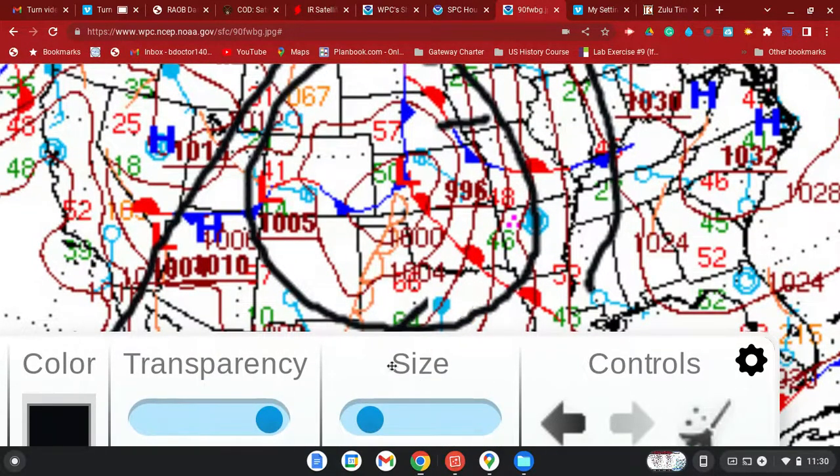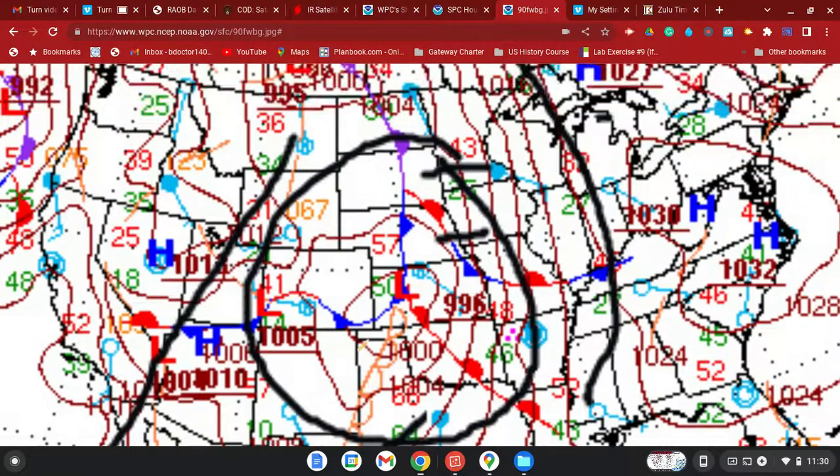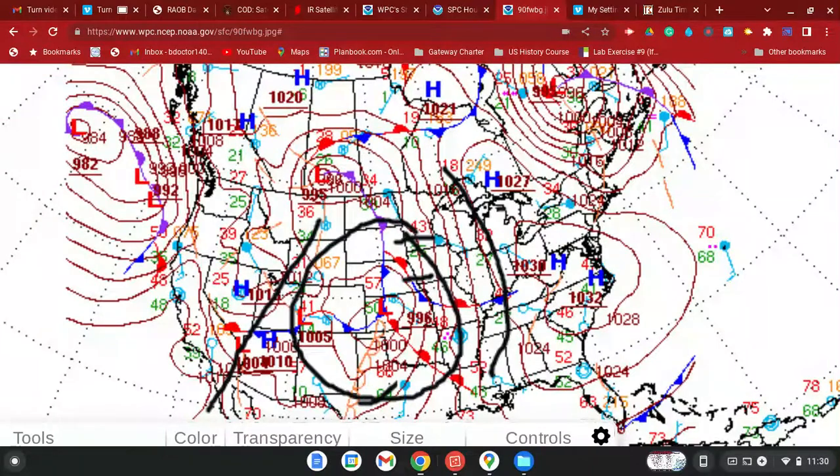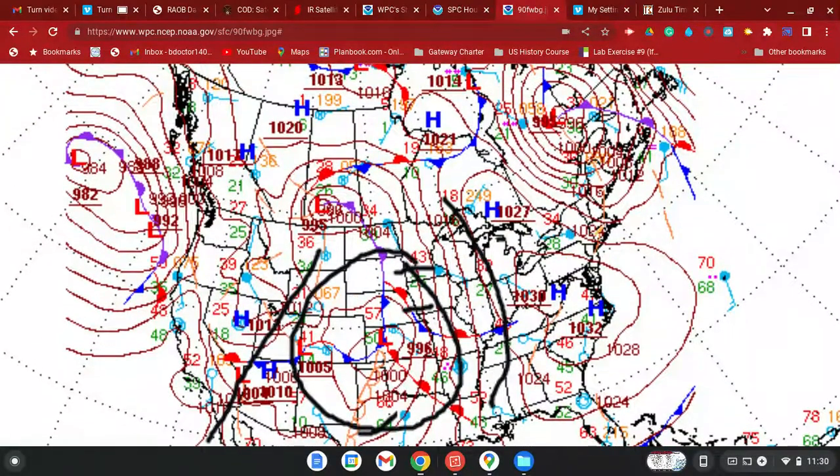So if I'm a meteorologist, what area should I focus in on today? It's that area right there, because generally I can assume, and I can look out my window, that the weather is fine on the East Coast. There's nothing going on here, but there's probably a lot more going on in this area.